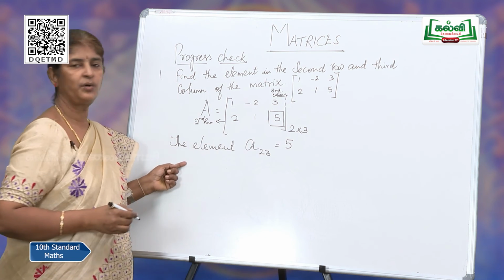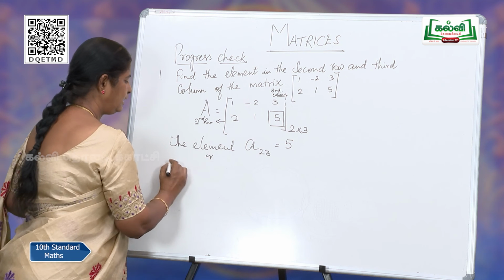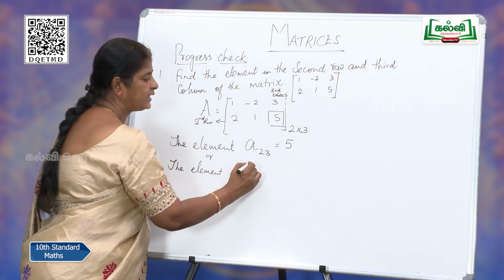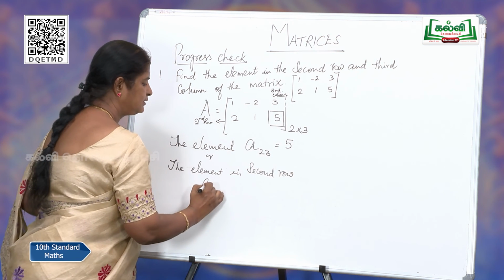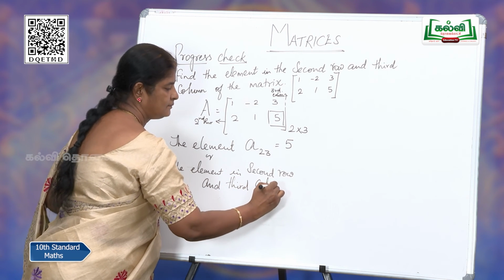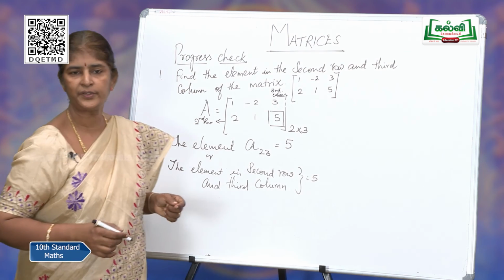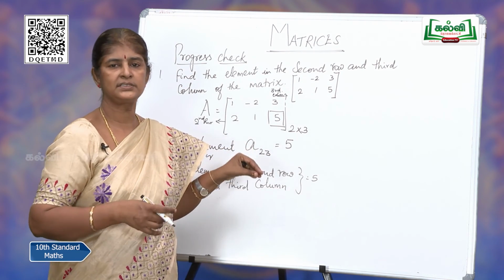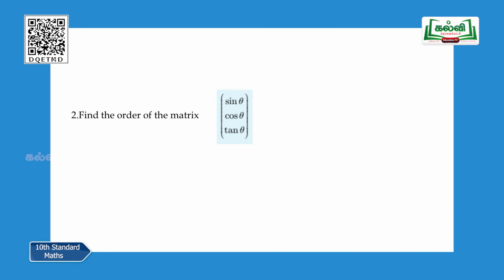We can write it in this way also: the element A 2, 3 is equal to 5, or the element in the second row and third column is equal to 5. This is very easy to find out. It can be in a multiple choice question also: what is the element which is there in the particular row and the particular column? We will pass on to the next question.